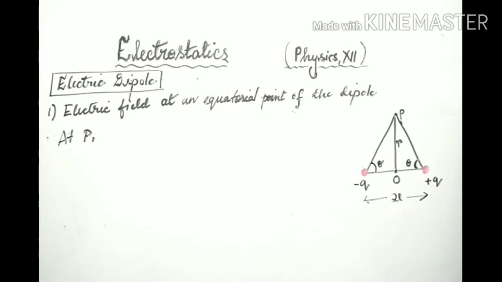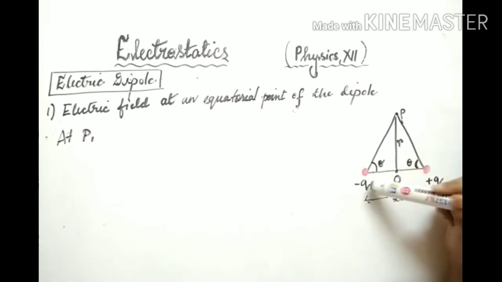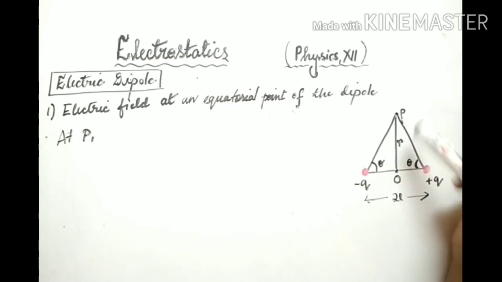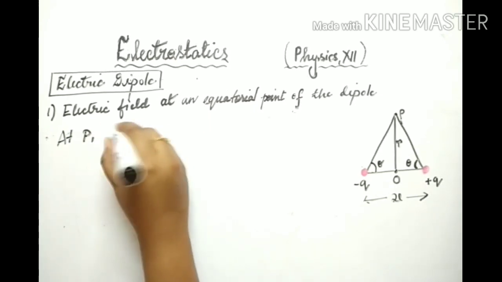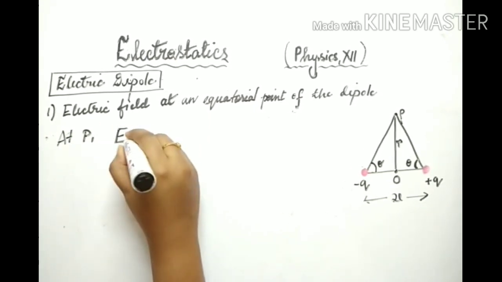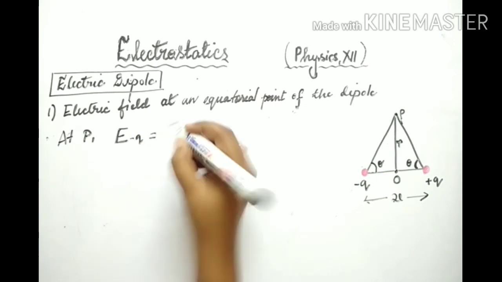This is the distance between the two charges, and the distance of point P from point O is R. So now let us see how to find out the electric field at point P. So the electric field due to minus Q charge will be what?